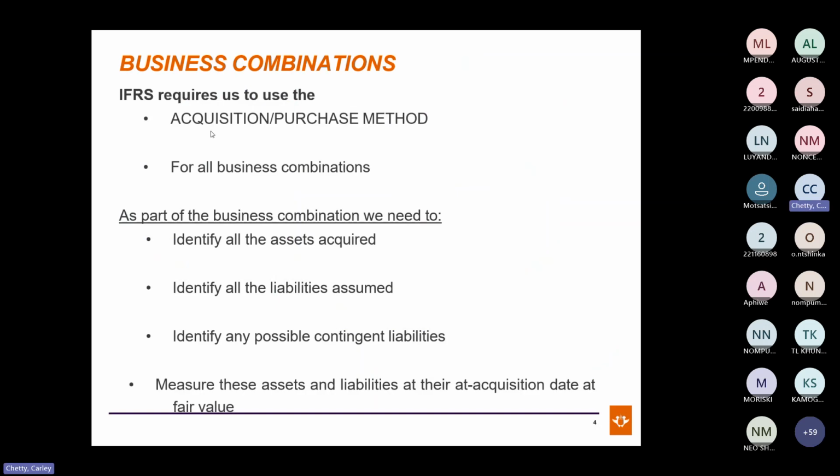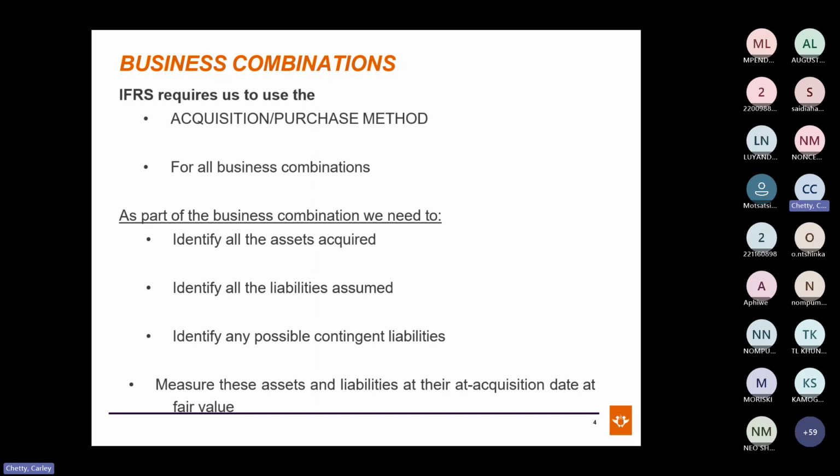So what is a business combination, or what does IFRS require us to do when we have a business combination? We need to use the acquisition or purchase method for all business combinations. As part of a business combination, we need to identify all the assets acquired and identify all the liabilities assumed. And then we need to identify, are there any possible contingent liabilities?